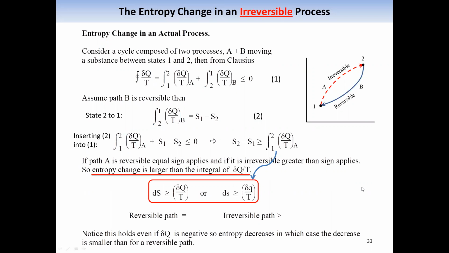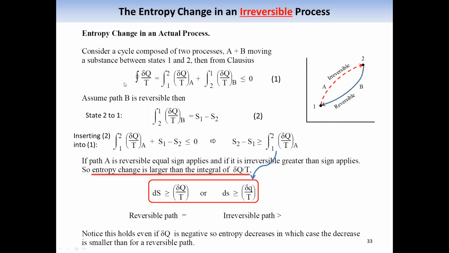Here, let's look at a cyclic process involving two segments. The outgoing segment from state 1 to state 2 is irreversible. The returning trip is reversible.